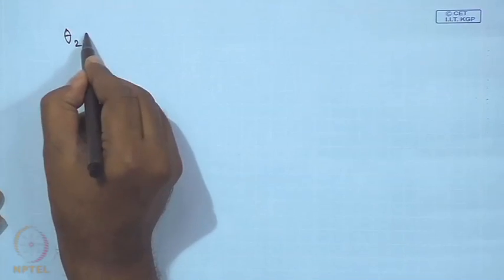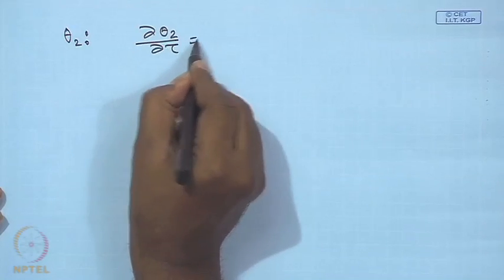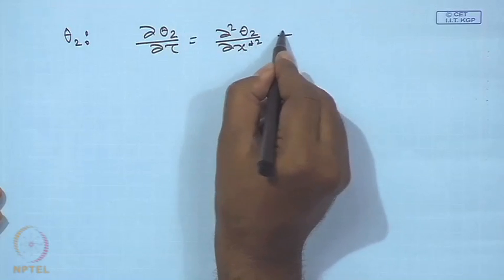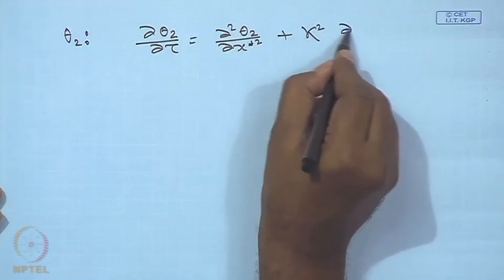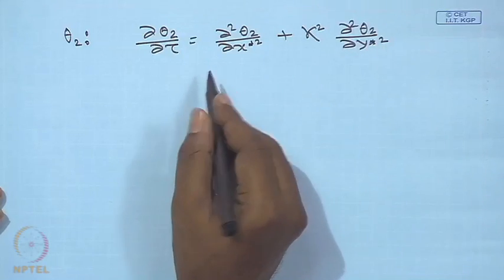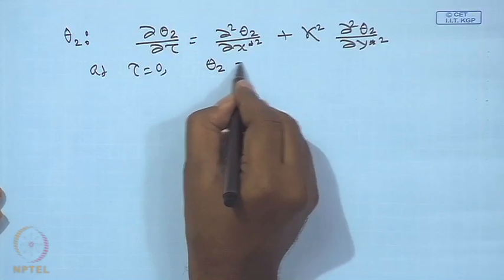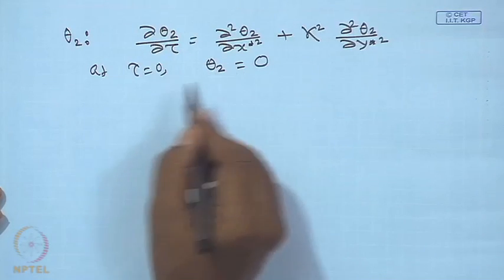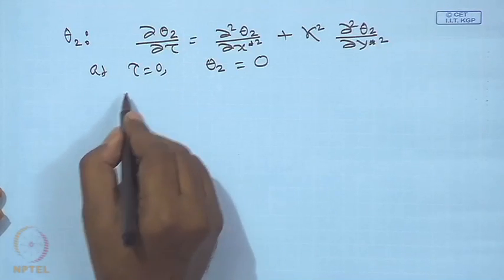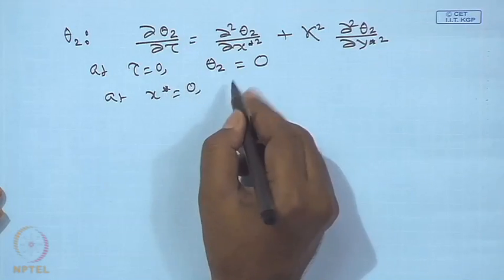The governing equation of theta 2 will be del theta 2 del tau is equal to del square theta 2 del x star square plus kappa square del square theta 2 del y star square. Now, at tau is equal to 0, theta 2 we make it homogeneous, the initial condition, and one boundary condition we keep as non-homogeneous, that is at x star is equal to 0, we keep this non-homogeneity intact.